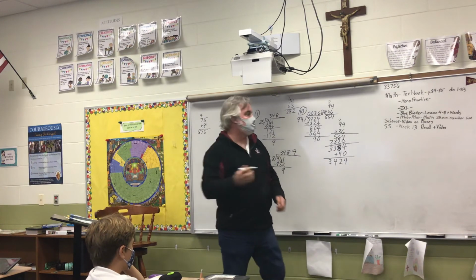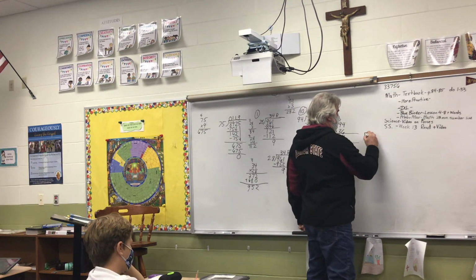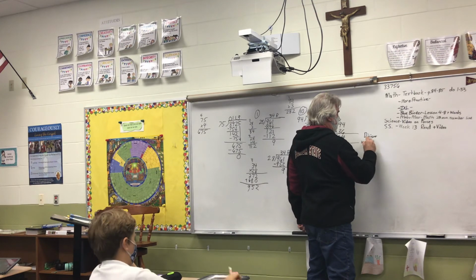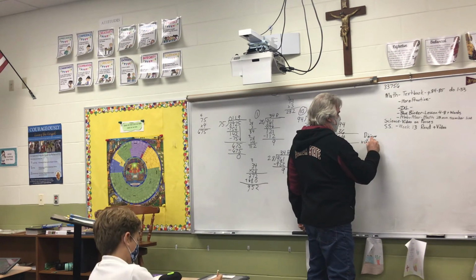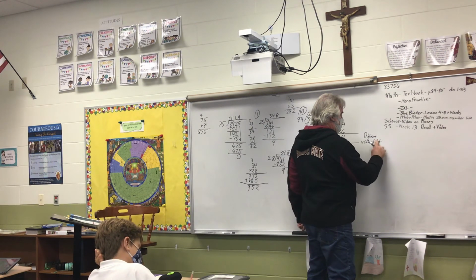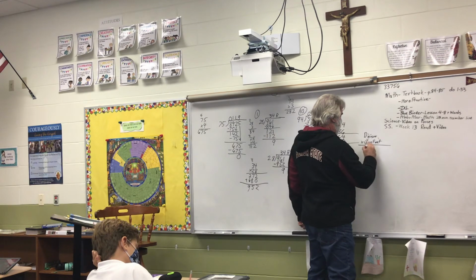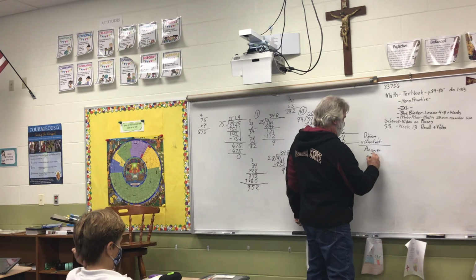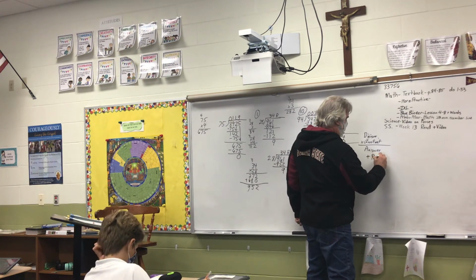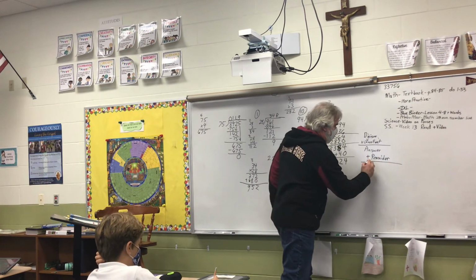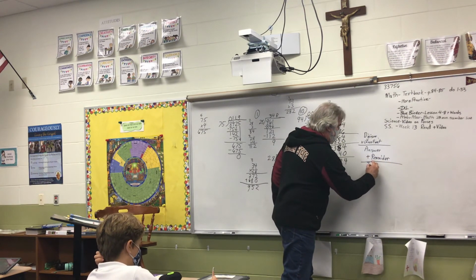In other words, you're taking your divisor times your quotient. This would be your dividend.